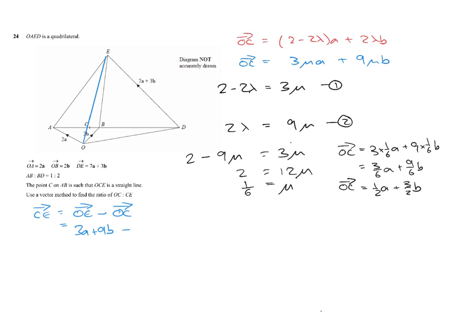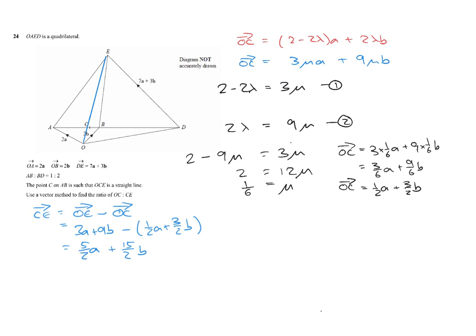And I'm taking away OC, which is the one I've just calculated. So I'm taking away a half A plus 3 over 2 B. That gives me 5 over 2 A plus 15 over 2 B, or if you prefer, 2.5A plus 7.5B.